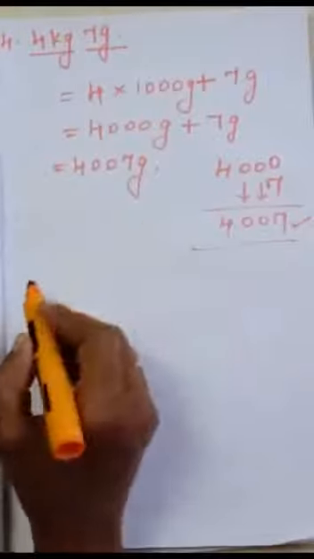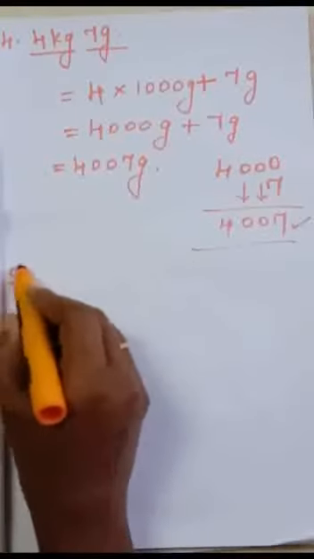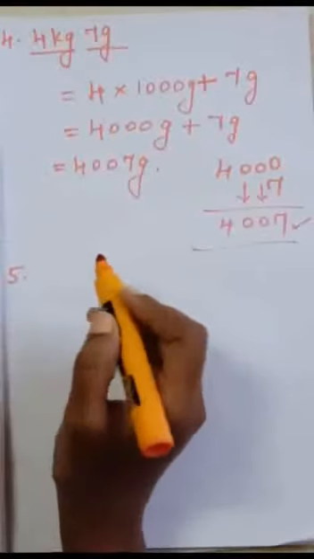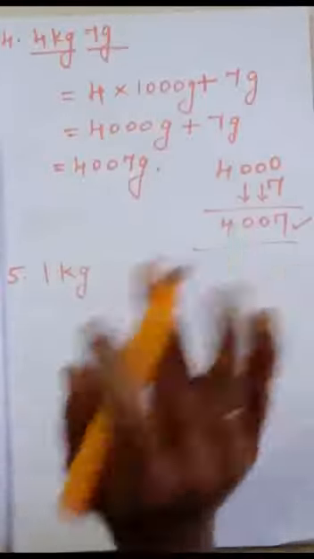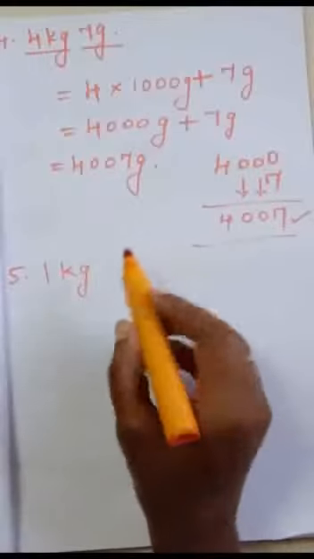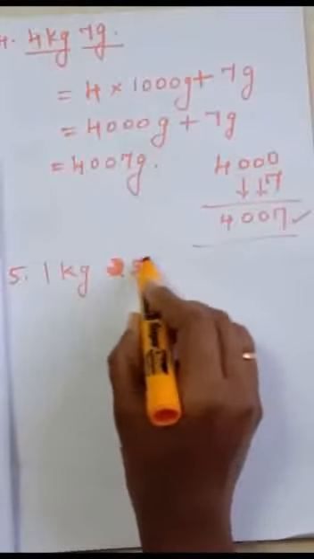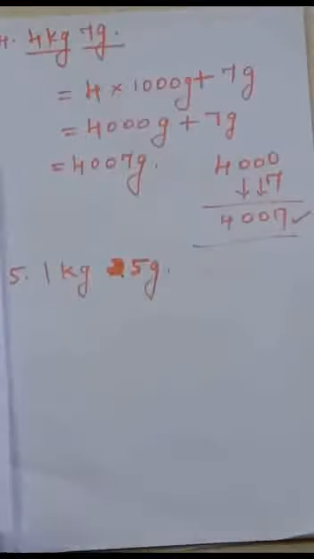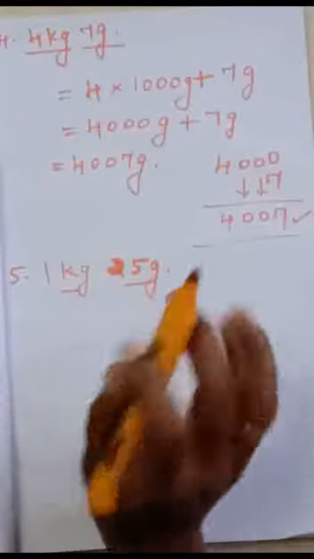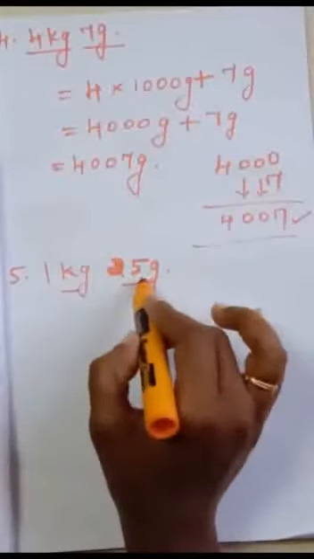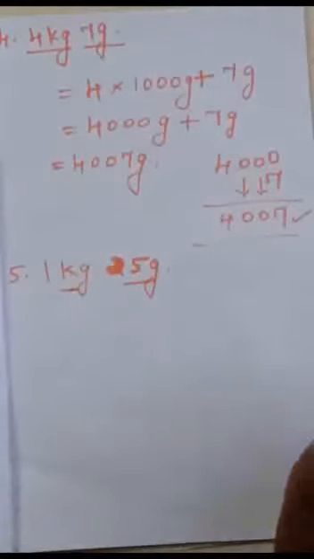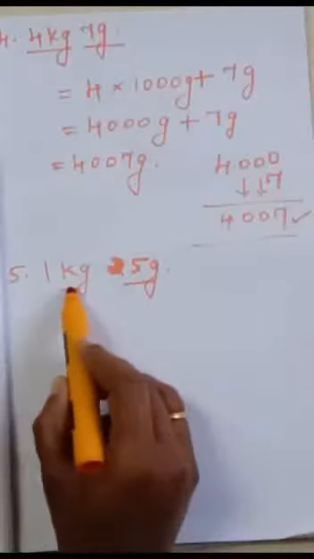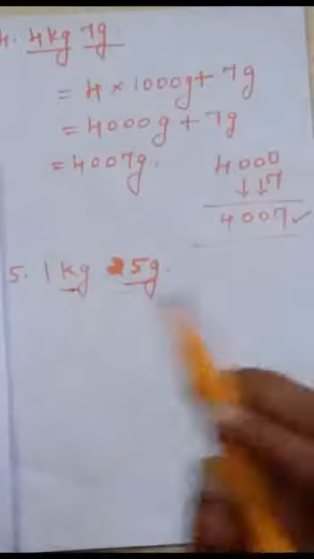Clear? Yes. To make you clear once again, I'm giving you one more sum. I'm solving it, see clearly. One more sum, same method. 1 kilogram and 25 gram. Here 1 kg and 25 gram. The 25 is already given in gram, but this kg you have to convert into gram.